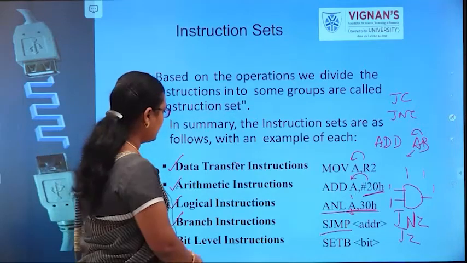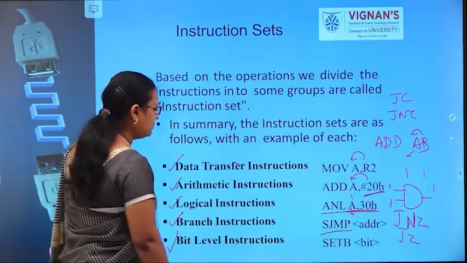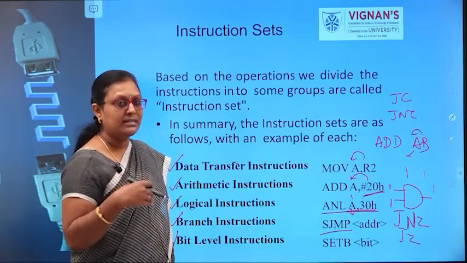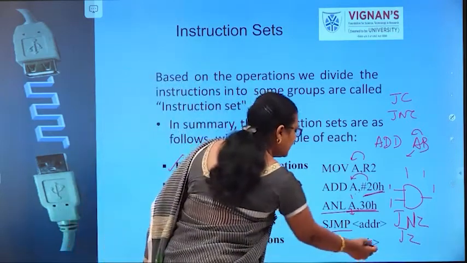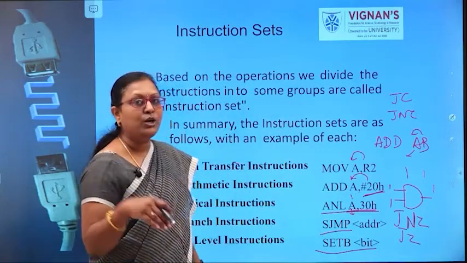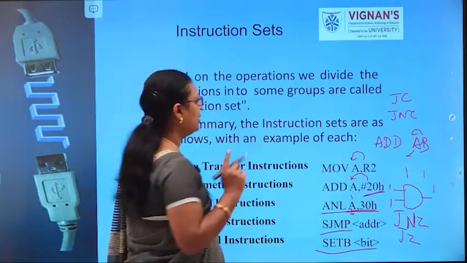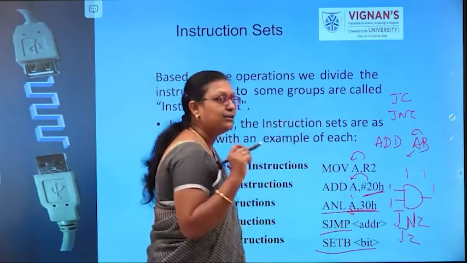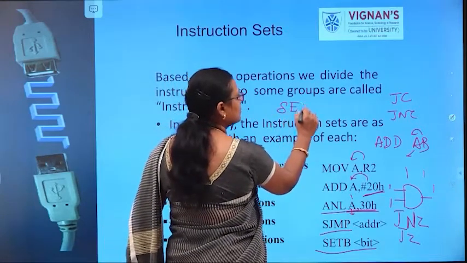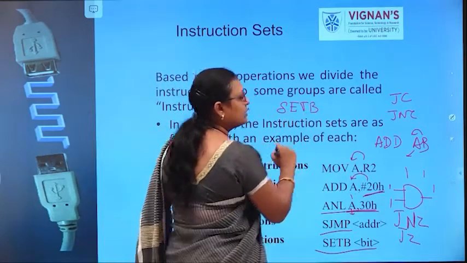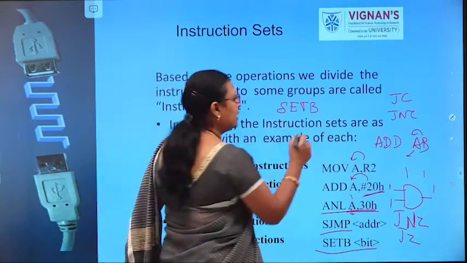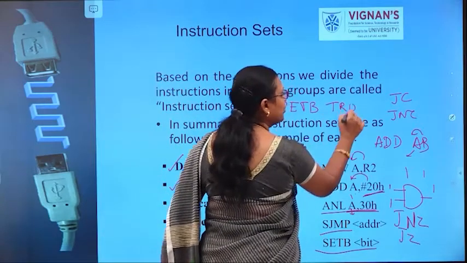Okay, the last one is bit level instructions. If any bits want to be set or reset, that comes under SETB, underscore, bit. For example, if you want to start the timer, what is the command to start the timer? SETB. What type of timer you want to set, either timer 1 or timer 0? It is up to the user, right?